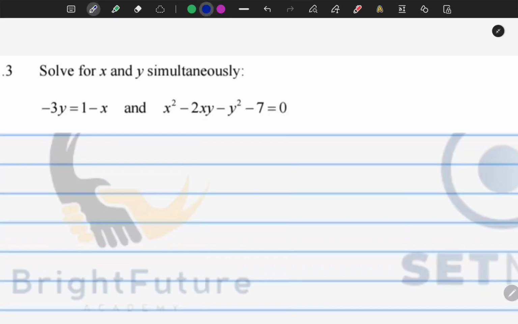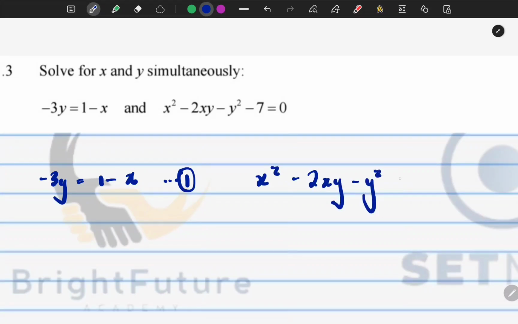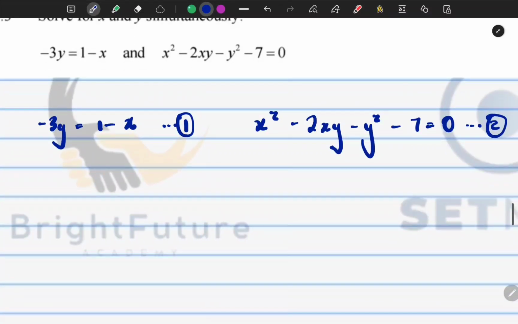So I'm going to say -3y equals to 1 minus x. I'm going to call this equation 1, right? And then x squared minus 2xy minus y squared minus 7 equals to 0, equation 2, right? And then now I'm going to solve this.